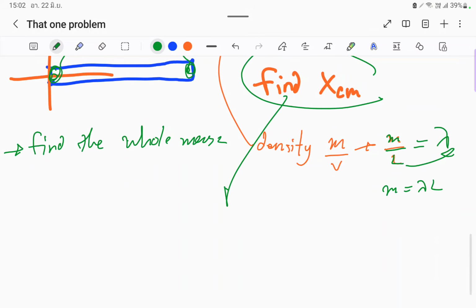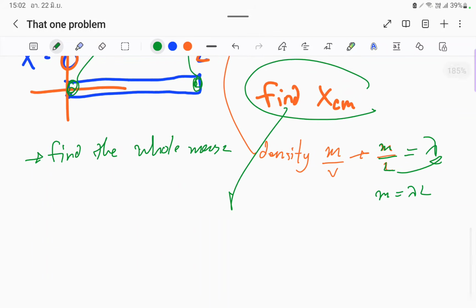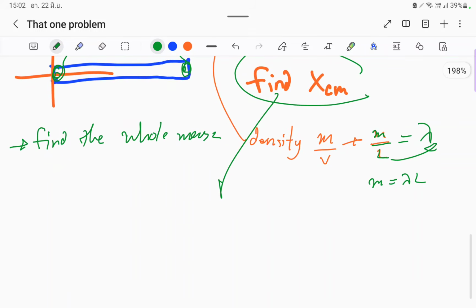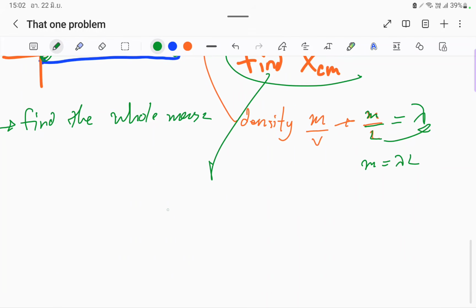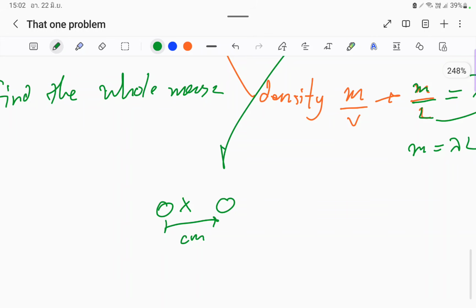First, how do you find the x_CM? If you remember from high school, we have something like two objects, and you need to find the CM, which will be somewhere in the middle of them. You use the mass of each object multiplied by its position, and then divide by the total mass.